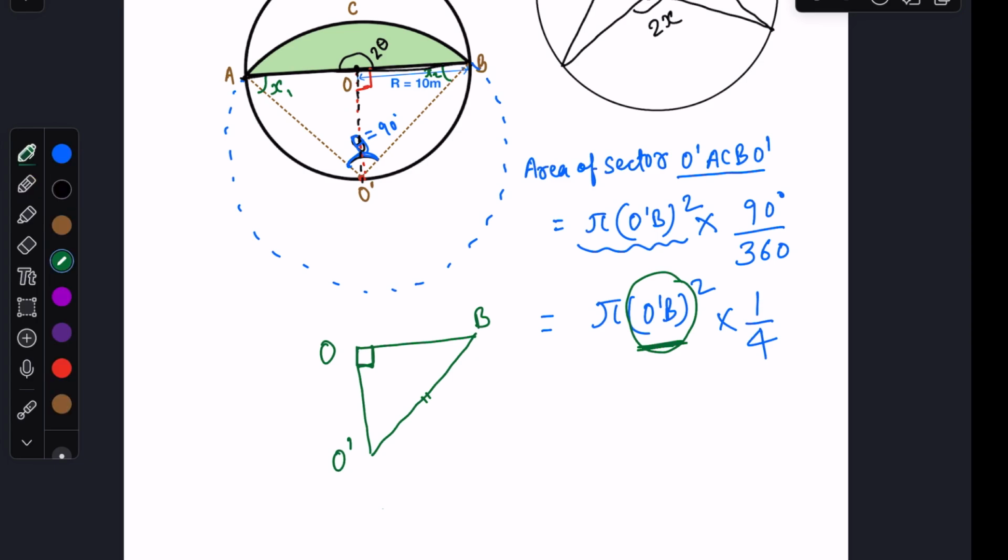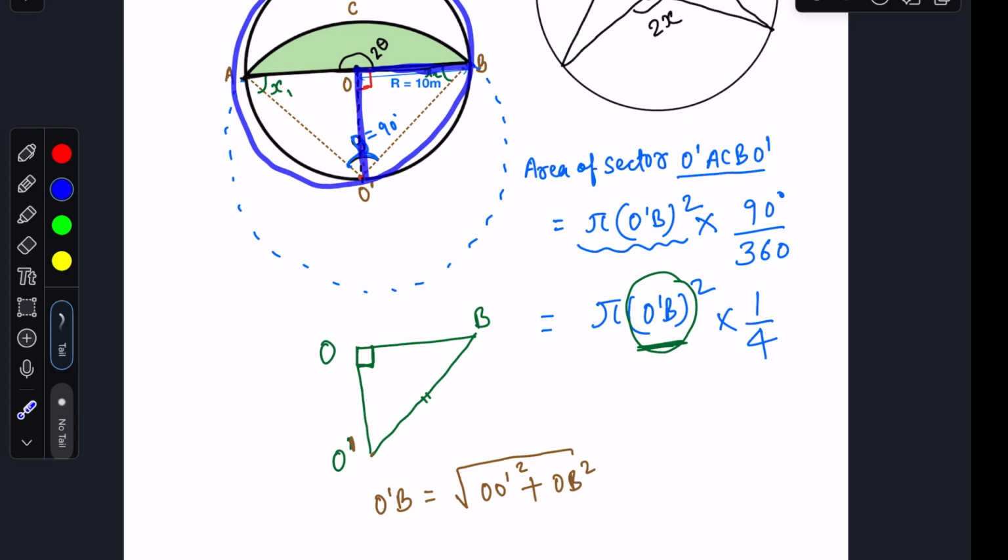By using the Pythagoras theorem, O dash B is equal to the square root of O dash O square plus OB square, and these are the radii of the original circle, so they will be equal.